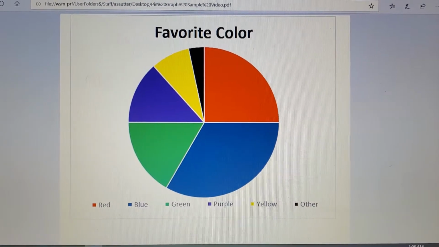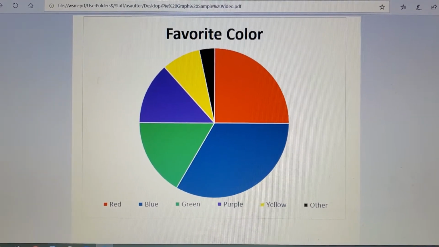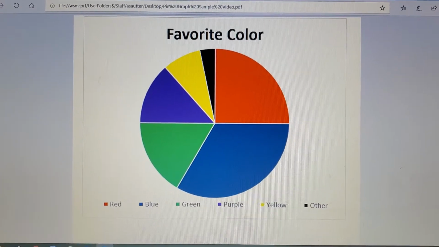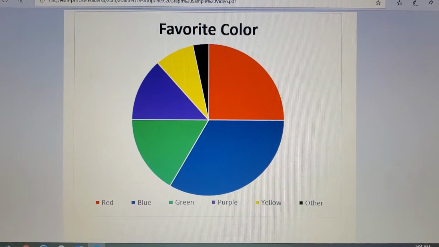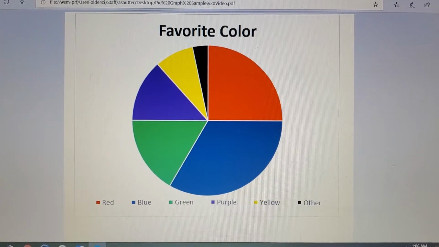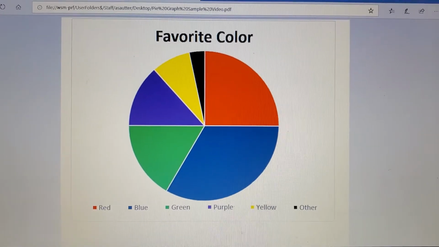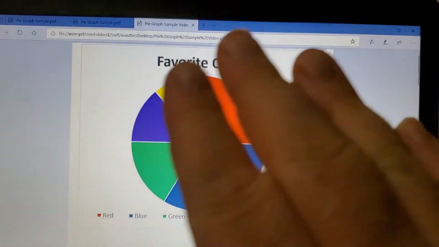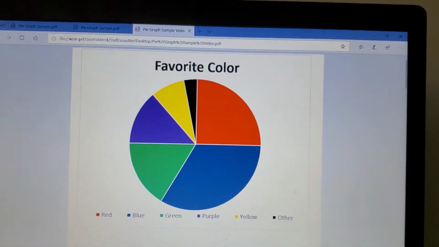Now, sometimes not having labels is a problem. For this particular graph, I don't think it's a problem. I don't necessarily need to know how many people took this survey. But what I can tell you is that this circle represents something important.